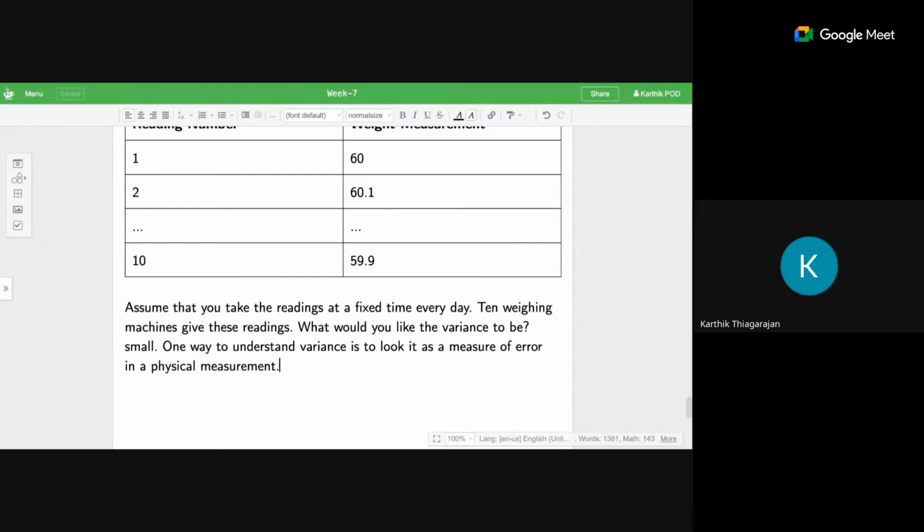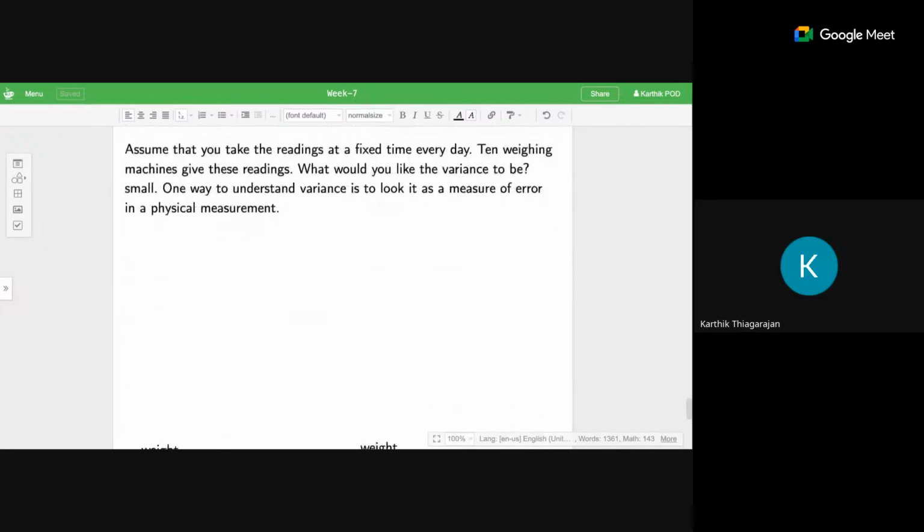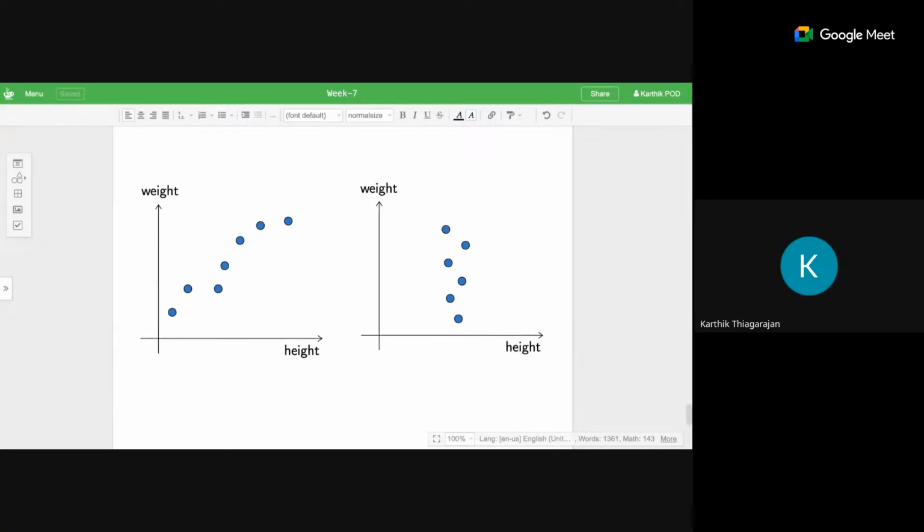You would be asked to take 5 different measurements and find the average. A good experiment is one where the deviation from the mean is not too much, so your goal there is to minimize the variance. However, we see that we are talking about maximizing the variance. So what is variance really? You have to understand it differently when it comes to data science.